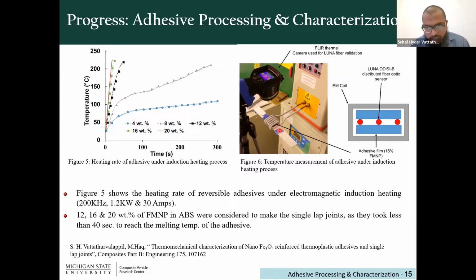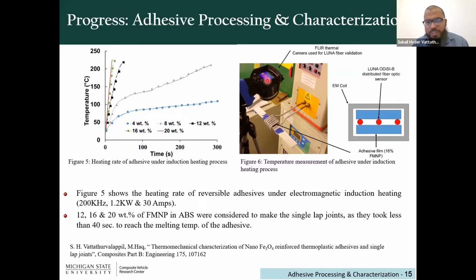These wires are the optical fiber sensors, sandwiched by adhesive films and placed within the EM coil. Once you switch on the EM coil, the reversible adhesive starts heating up, and these optical fiber sensors sense the temperature.